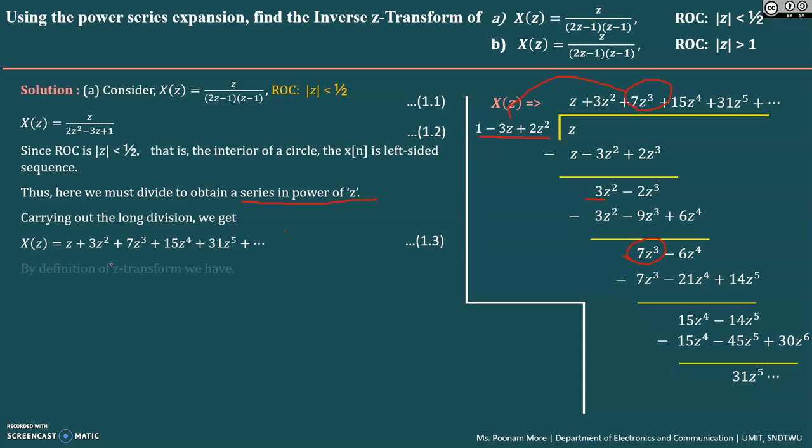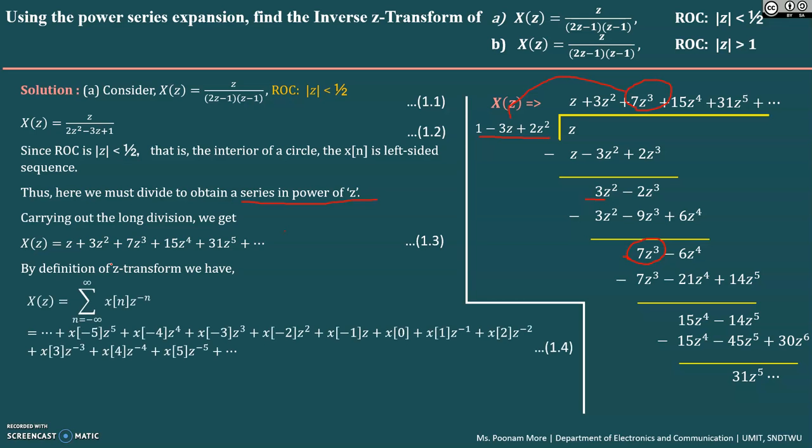Now we also know that X of z, by the definition of the Z transform, can be expressed as the summation of the terms x of n into z raised to minus n. So upon comparing our equations 1.3 and 1.4, we will clearly get the sequence x of n.